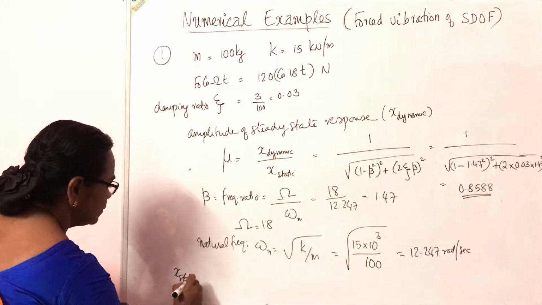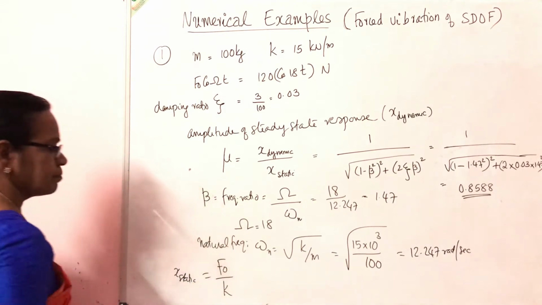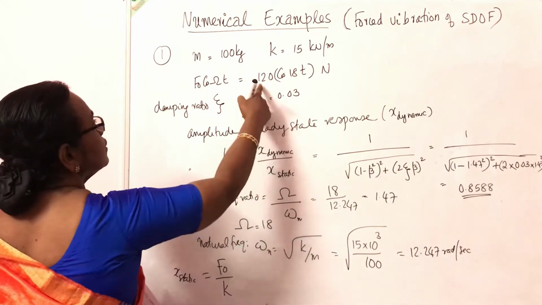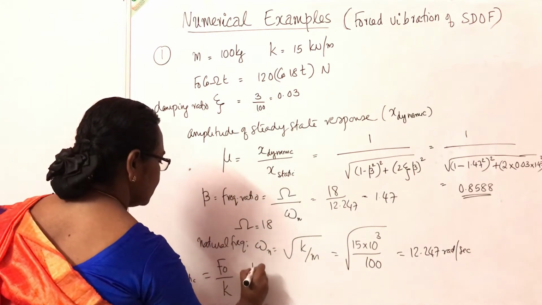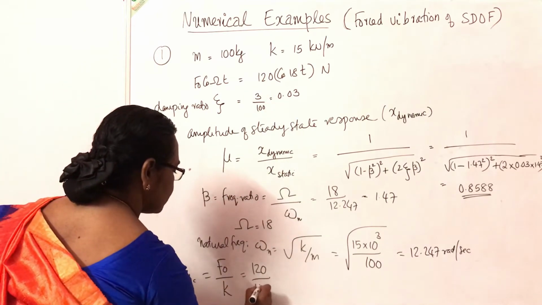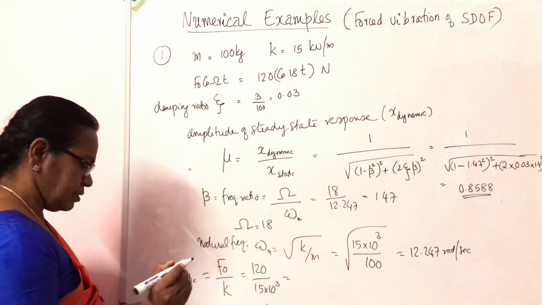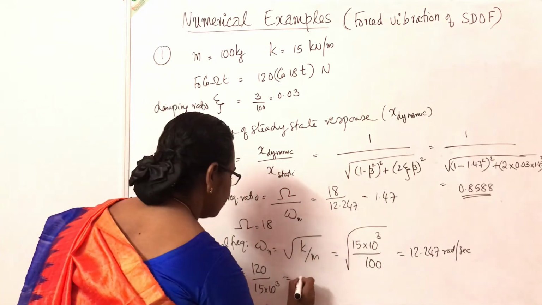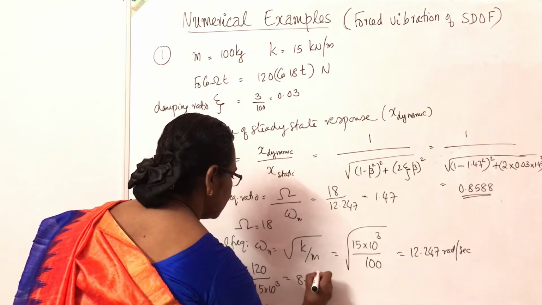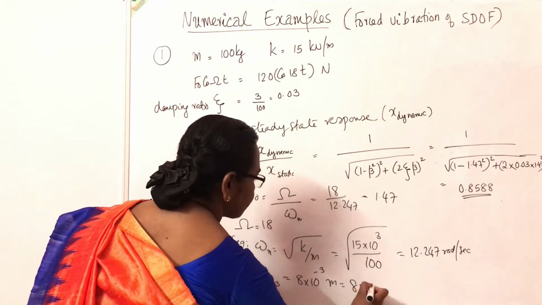Static displacement is force divided by stiffness, F0 by K. So F0 is 120 divided by K, 15 into 10 raised to 3. So the static displacement is 8 into 10 raised to minus 3 meter, or 8 millimeter.